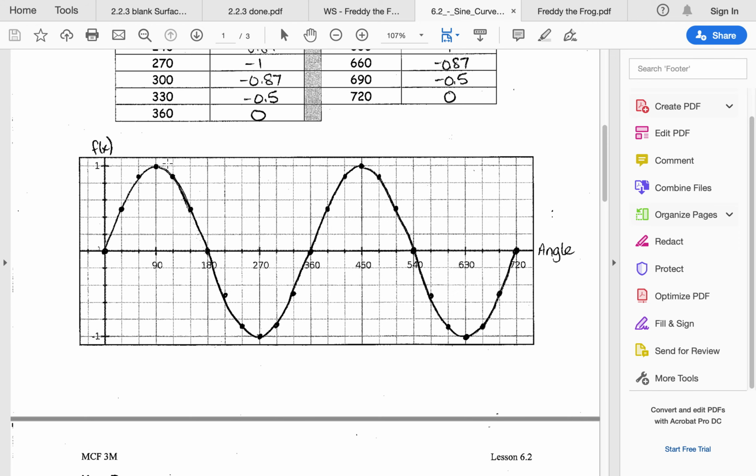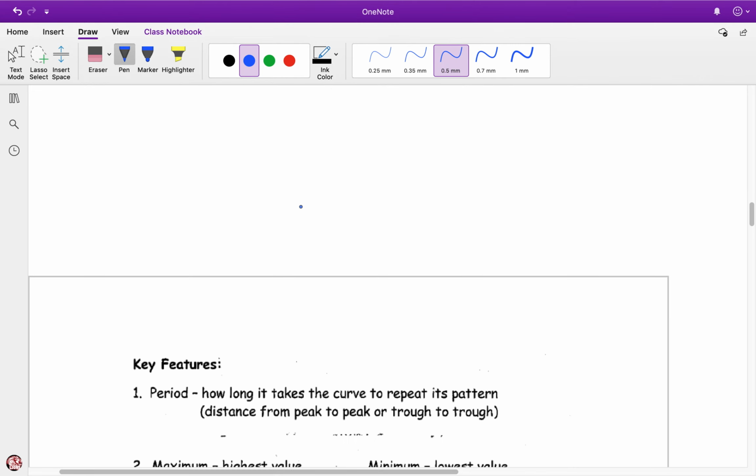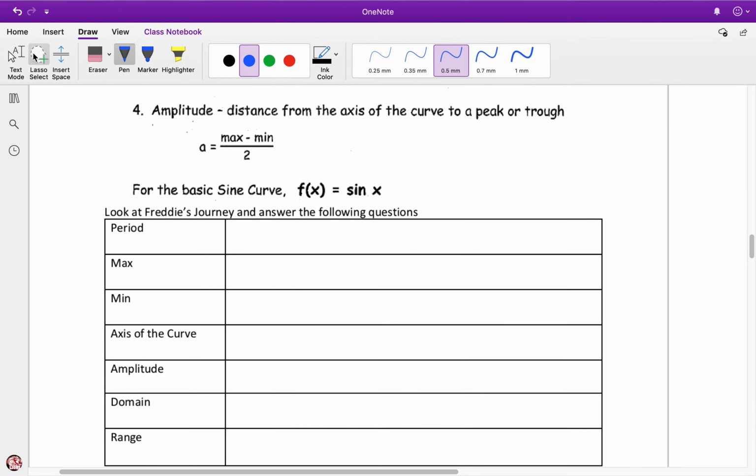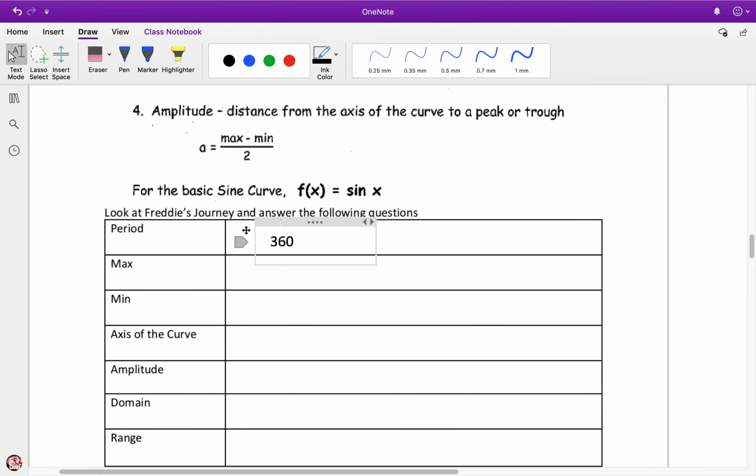In this case, our period, if we look from 90 to 450, or I could even look from 0 until it gets back there, 360. So if we go back to our graph, our period is going to be 360.